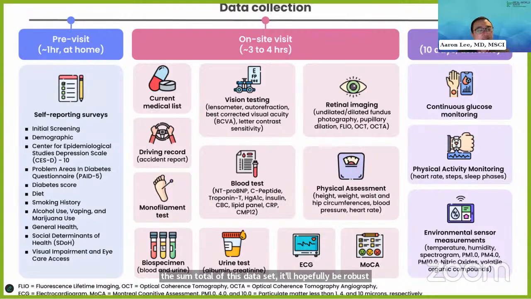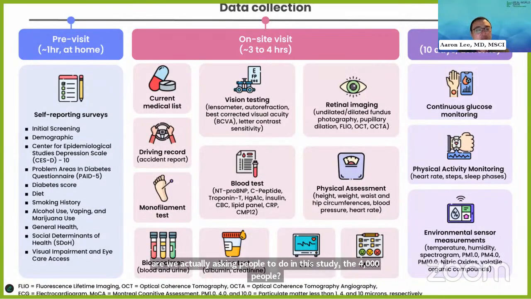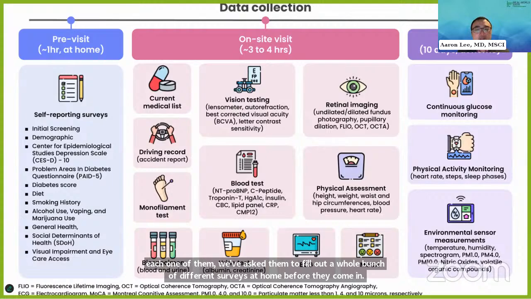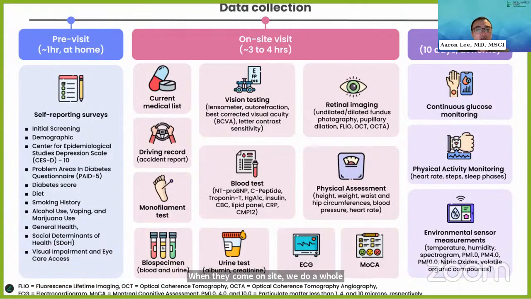What are we actually asking the 4,000 people to do in this study? Each of them fills out a whole bunch of different surveys at home before they come in. When they come on site, we do a whole different battery of tests, including going over their list of medications and doing different levels of vision screening. We do many different forms of retinal imaging.